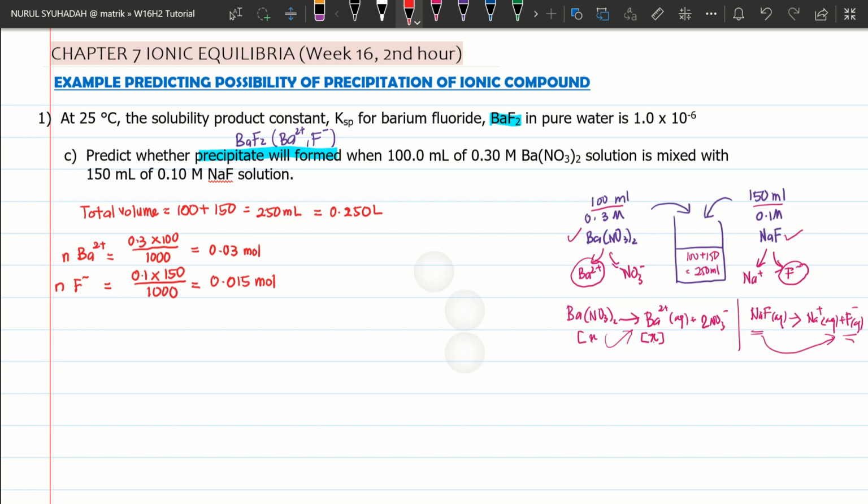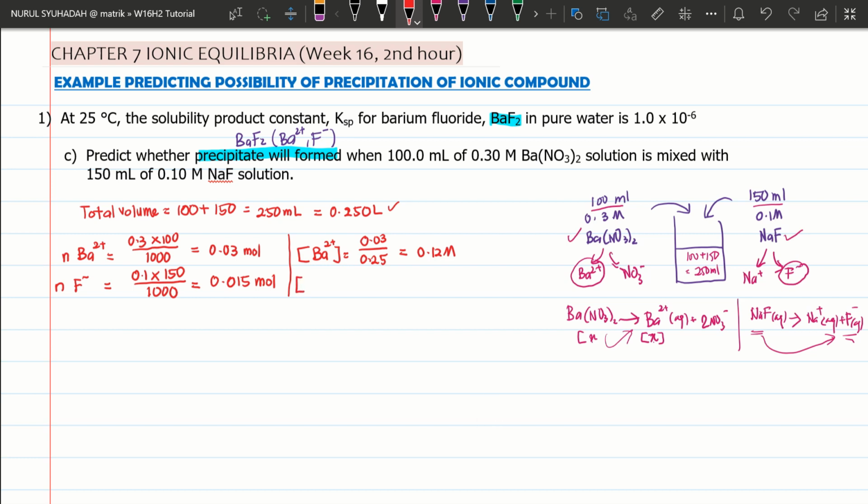Okay, once we have the number of mole, then we find the concentration. So concentration of Ba2+, we will use the new volume that we got here. So number of mole 0.03 over 0.25. So the concentration of Ba2+ we have now is 0.12 molar.